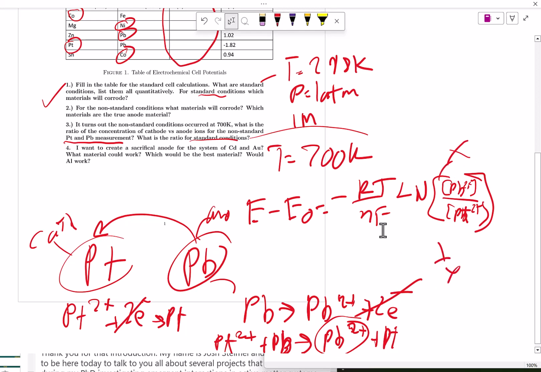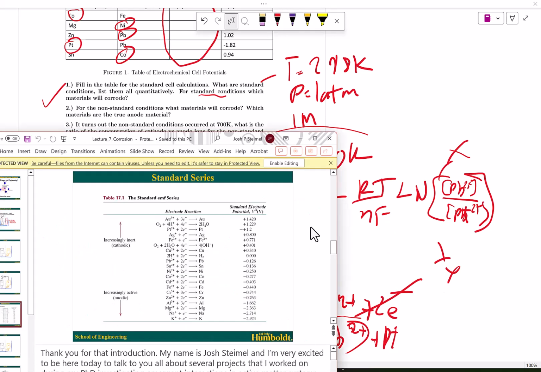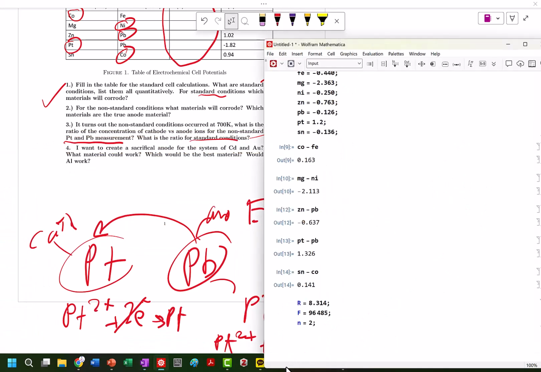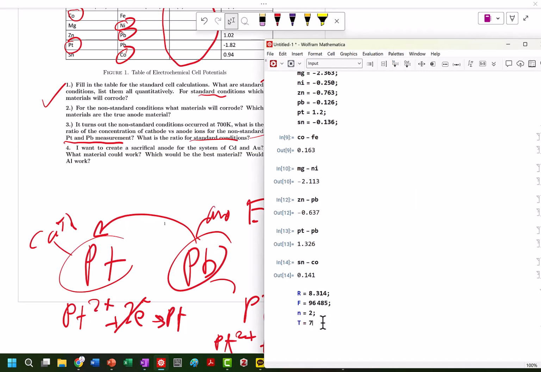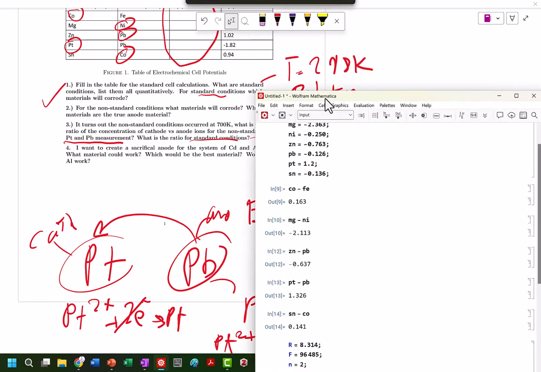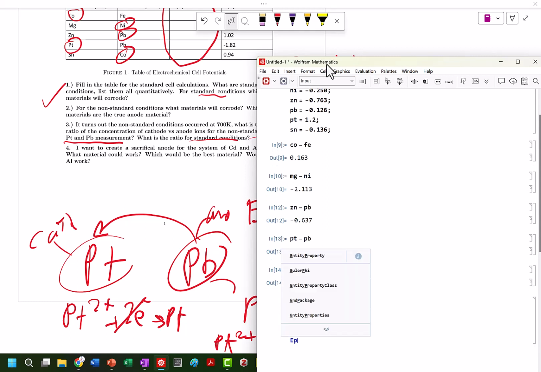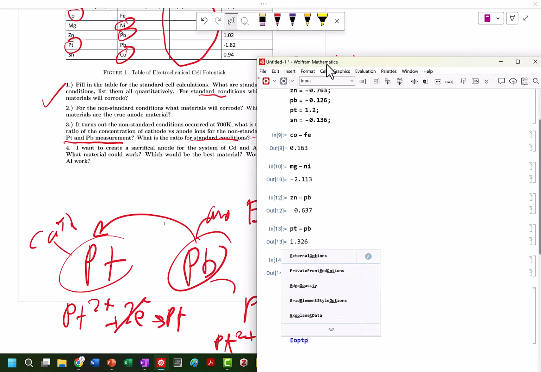So let's go ahead and do just that. We don't need this anymore. We're told the temperature is 700, and we're doing Pt and Pb. We're also given E for Pt-Pb, which is equal to minus 1.82, and our E naught for Pt-Pb is equal to 1.326, as we just saw.